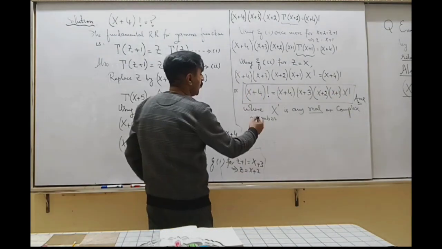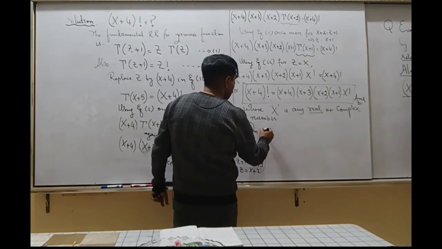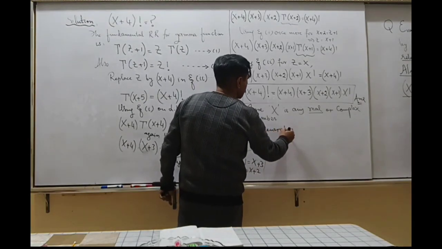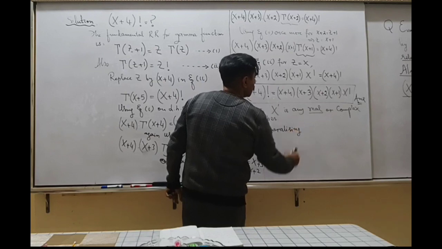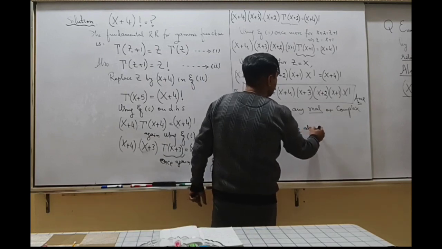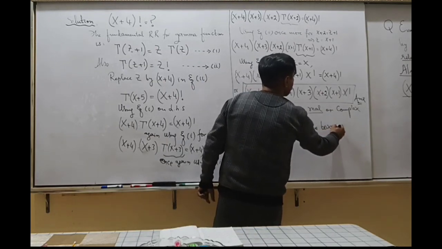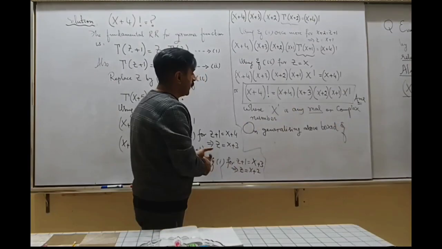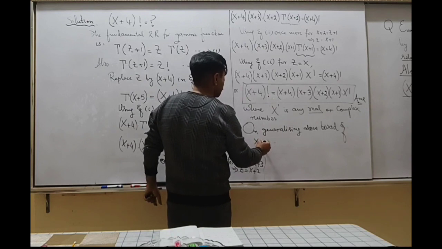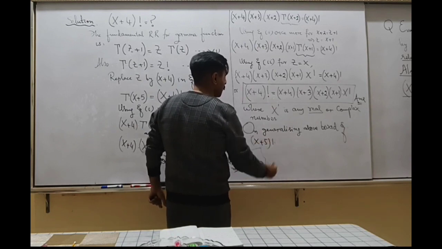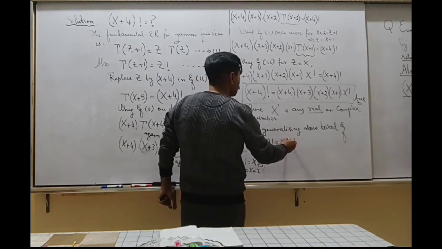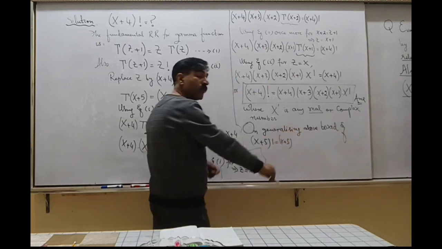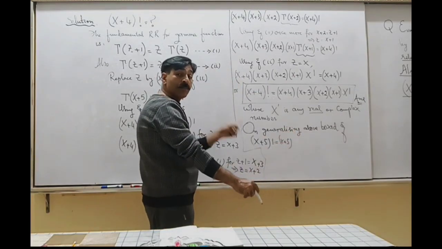Similarly, so on generalizing the above boxed equation, for example if it is x plus 5 factorial, it will be x plus 5, then each time you will reduce the number by 1.